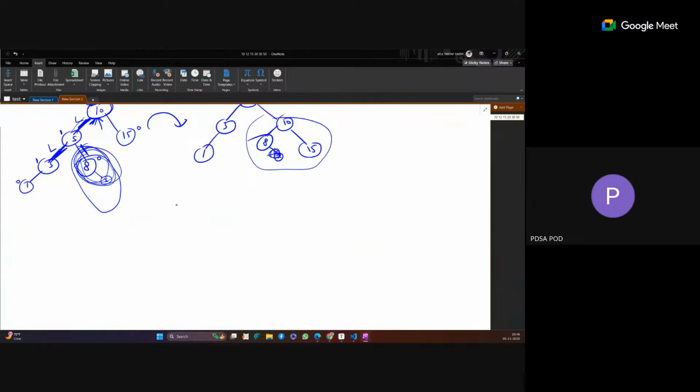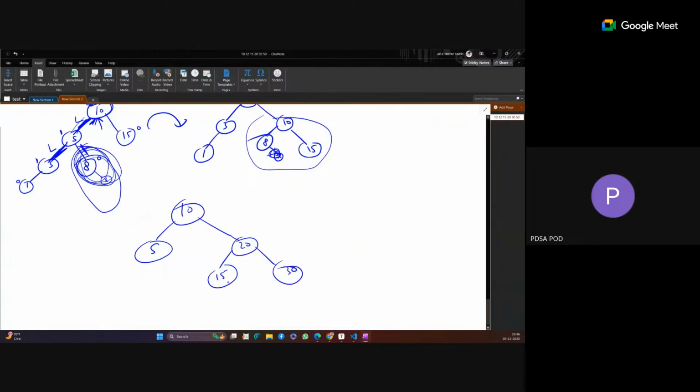Suppose I create a different tree, like 5, 20, 15 and 30. This is still balanced. Suppose I add one more element, 40; now it becomes unbalanced. The heights are 0, 1, 2, 1, and this is the balance factor.